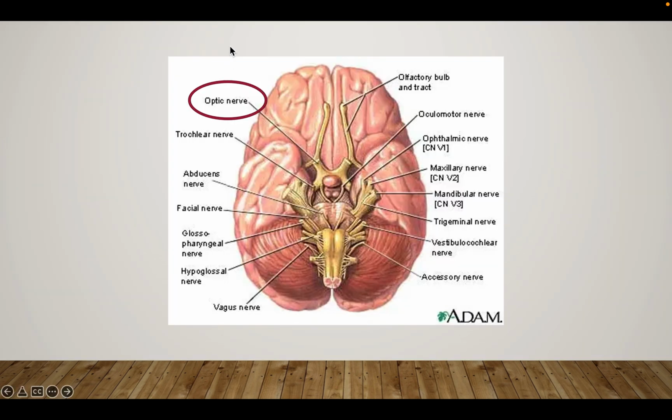Okay, so here we can see our optic nerve. You can see where it makes this X, this optic chiasm here, and then you become optic tracks posterior to that as you're working your way towards your occipital lobe. You can also note the pituitary gland here, and so you can see the proximity of the pituitary gland to your optic chiasm.